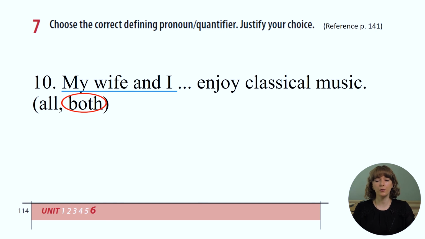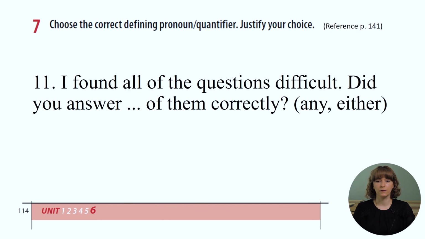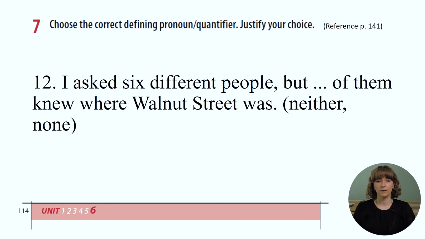Here again we have 2 people and we use the pronoun both. I found all the questions difficult. Did you answer any of them correctly? Neither is used with just 2 options. Here we have 6 people, which suggests the usage of the pronoun none.